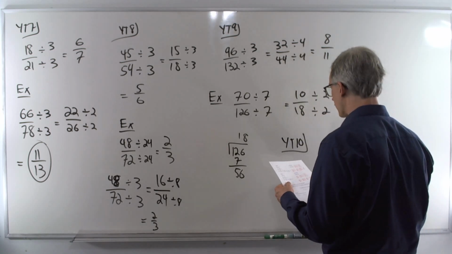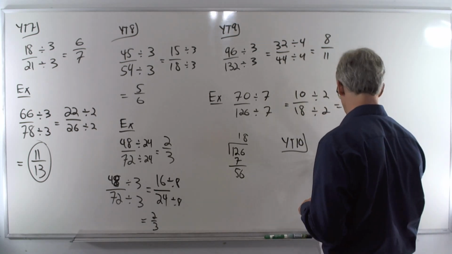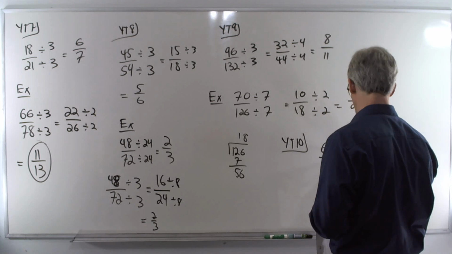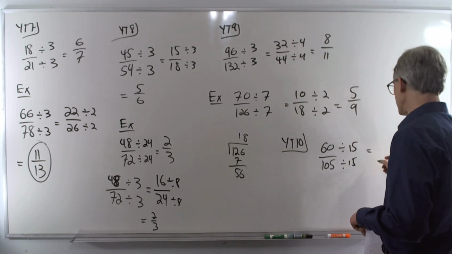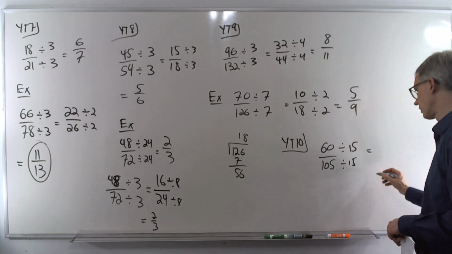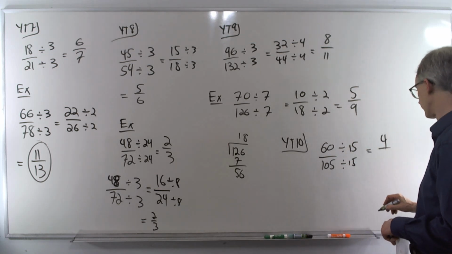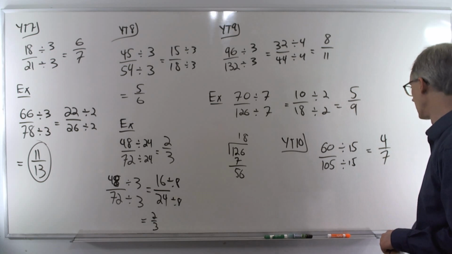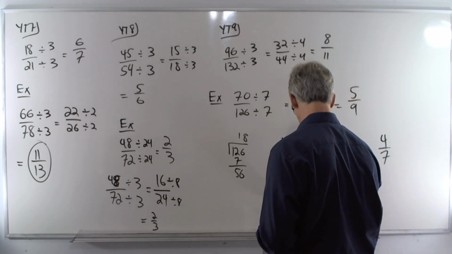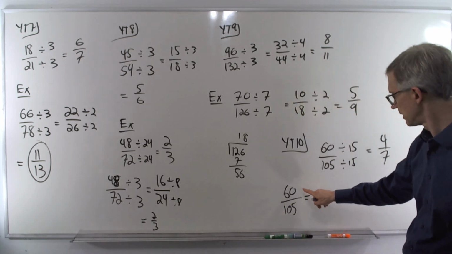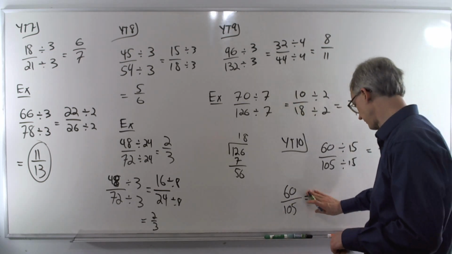This one is 60 over 105. Now, if you recognize that 15 divides evenly into both 60 and 105, divide by 15 and get 4 over 7. But if you want to do it in more than one step, both of these numbers end in either 0 or 5, so you can divide by 5.